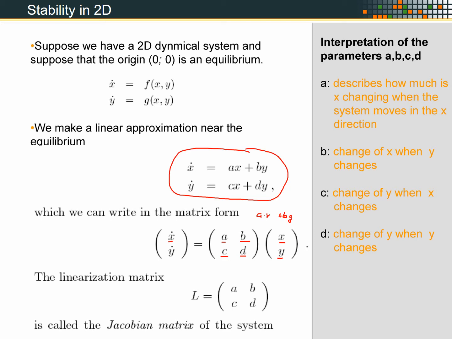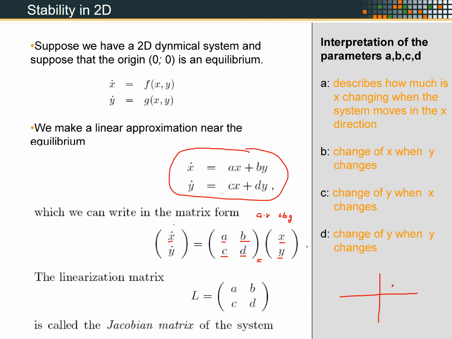In other words, if we think about a vector field again, then this just means that if we have a certain position x and y, let's say we're here, then the matrix L, which is very important and therefore called the Jacobian matrix, tells us the orientation of the vector of the change.